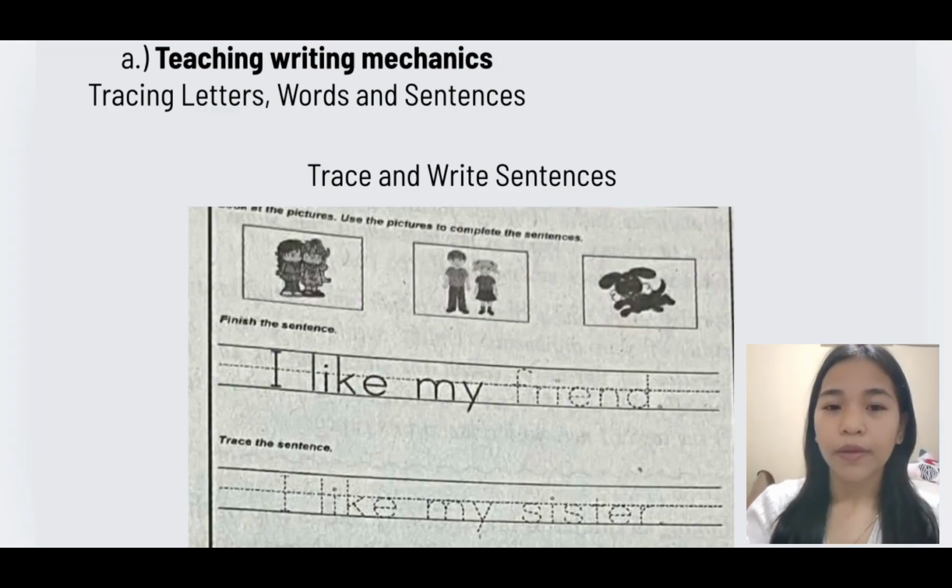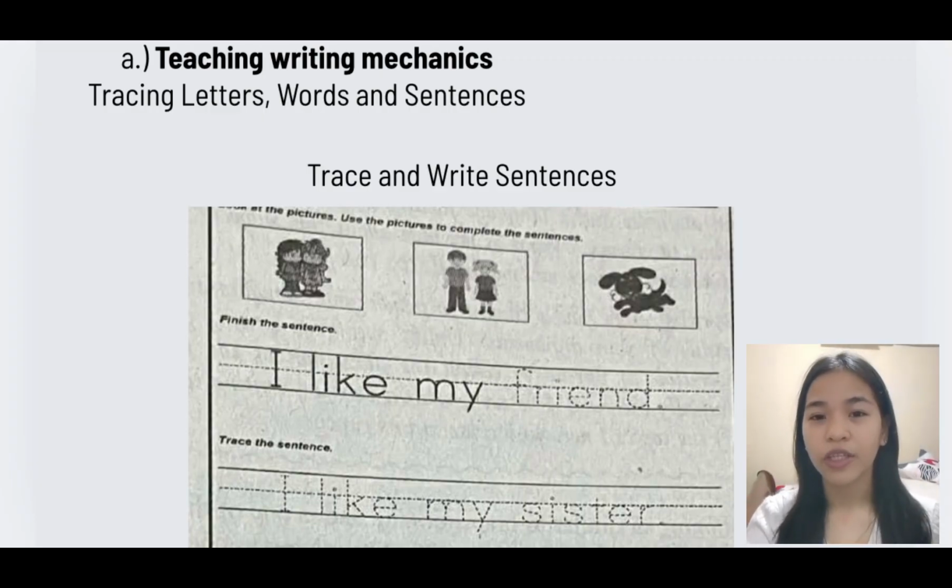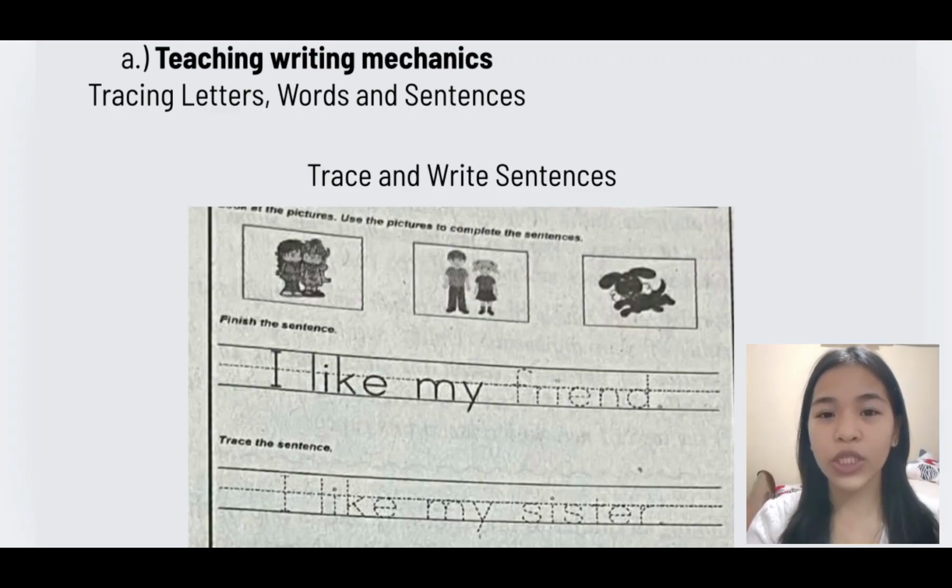It also introduces sentence structure. Tracing and writing sentences expose students to basic sentence structure and how words combine. As we repeatedly trace letters or words, we are exposed to them, and we recognize the letters or the words, and then we know how to form meaningful phrases or sentences.